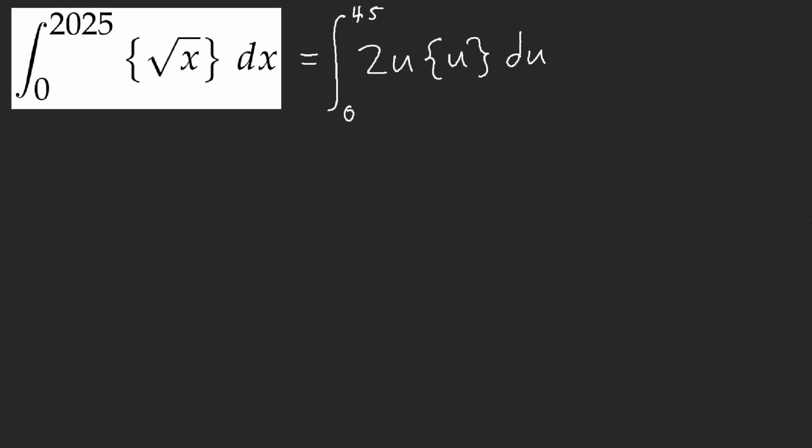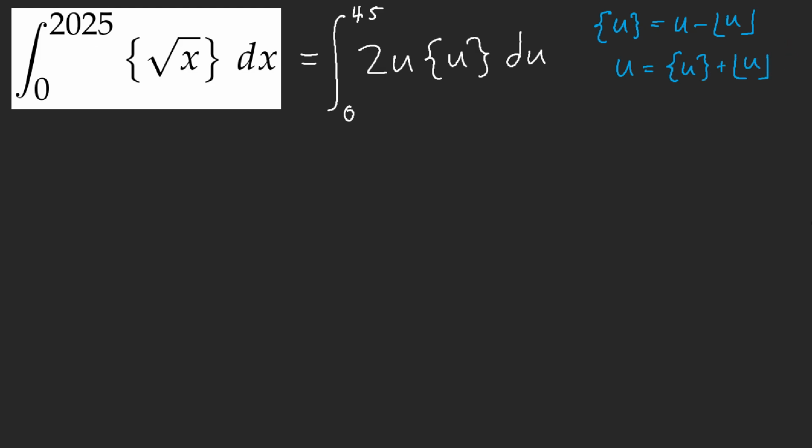Now, how do we apply that here? Because we have a u here. We know that the fractional part is equal to u minus the floor function of u. Then u is equal to the fractional part plus the floor function of u.